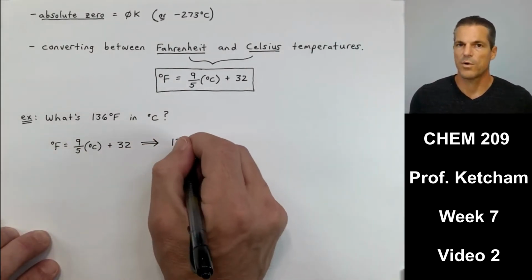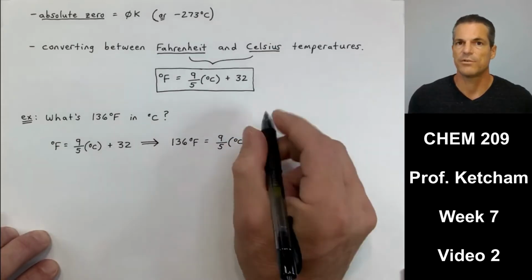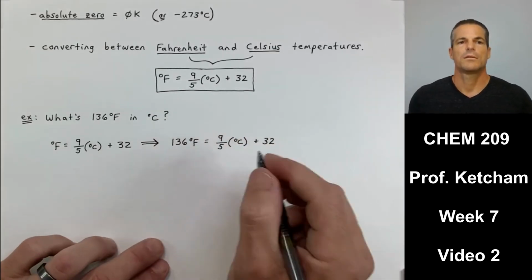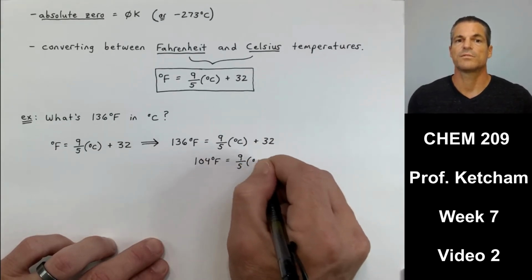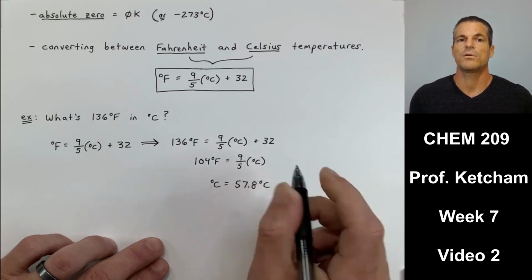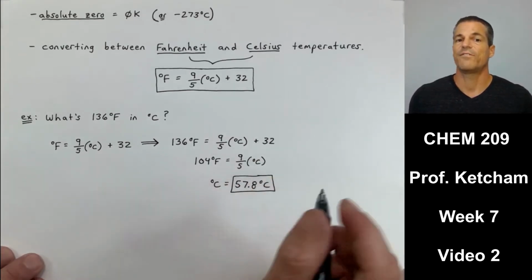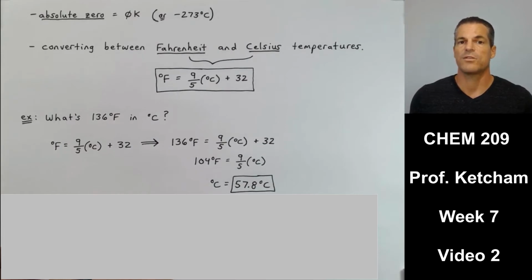Well, we write down our equation, especially on my types of exams, because you want to write down anything you can to get partial credit. So we plug in: 136 equals 9/5 times my unknown degrees Celsius plus 32. 104 equals 9/5 degrees Celsius. So your degrees Celsius, if you do the math, is 57.8 degrees Celsius.